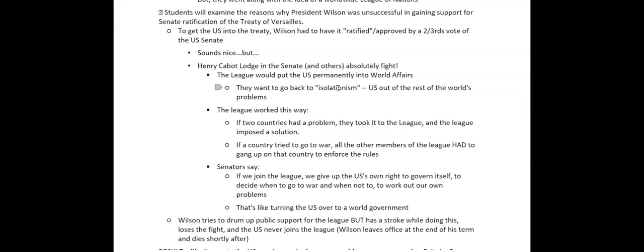We did the war, fine, it's over. Now we go back to being completely out of it. They also did not want to give up the U.S.'s right to govern itself. They felt like they would be turning the U.S. over to a kind of world government and taking it out of the hands of Congress.